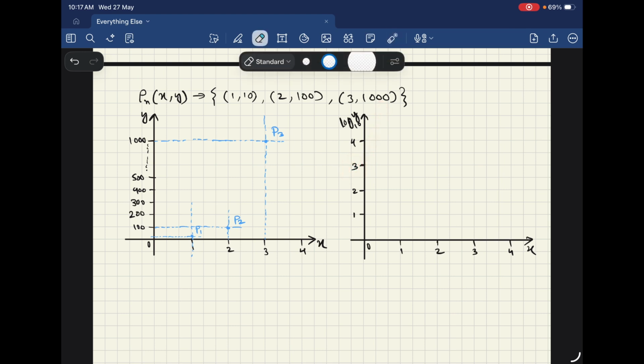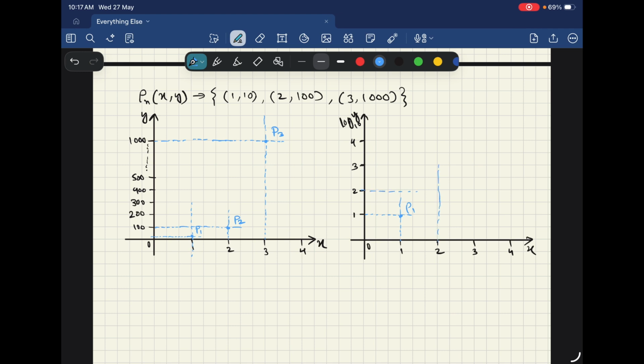So we can plot this easily, like our P1 in this case will be this, and again P2 will be this, and P3 will be this. In addition, if we had another point P4, which is for x equal to 4 and y equal to 10,000, that means log y equal to 4 for base 10, we could have also plotted it just here, P4.